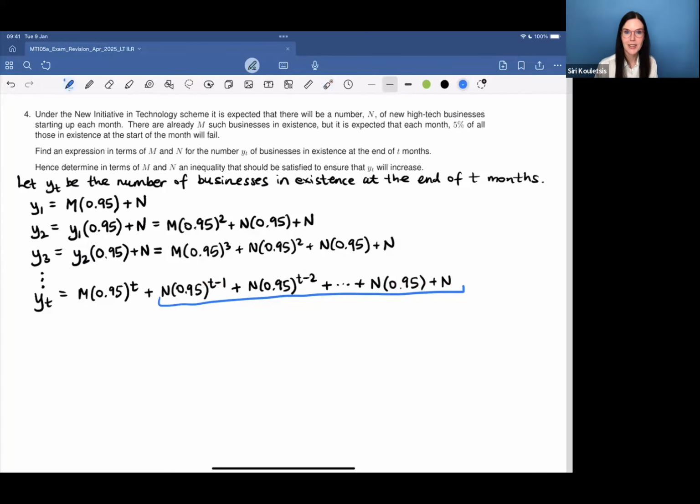Feel free to jot it down if you remember it. You will see in the course that there are various examples, and it's not always t terms. It can be t minus 1, it can be t plus 1. That's where you just need to establish that, and then you can apply the formula.